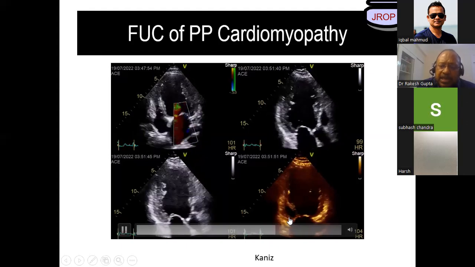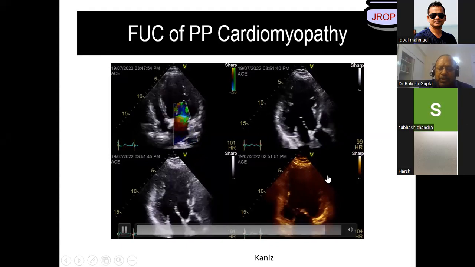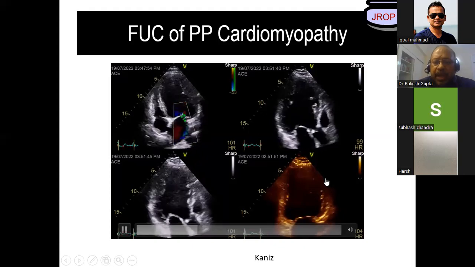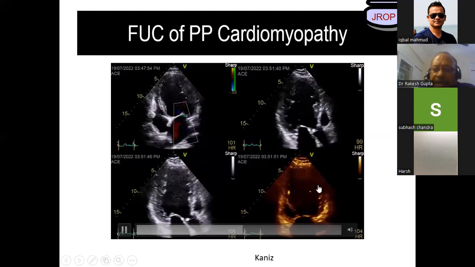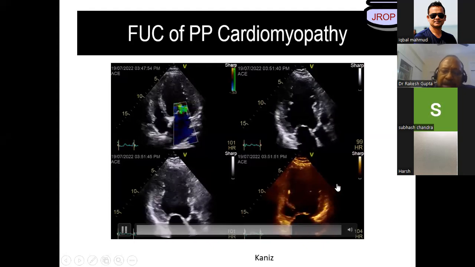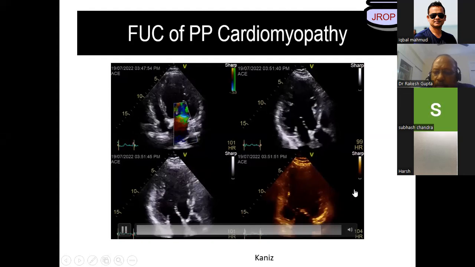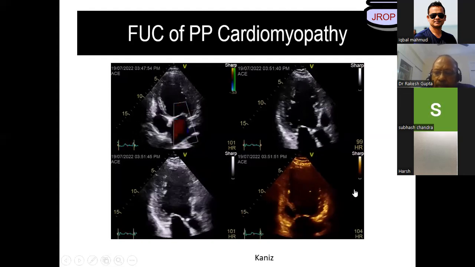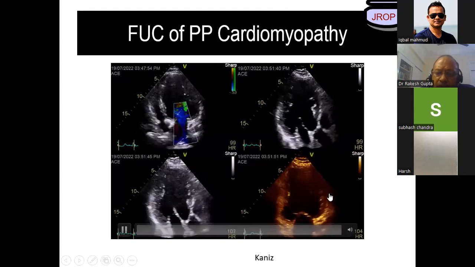This happens in type 3 LAD, when the LAD wraps around the complete LV apex. It's a proximal LAD lesion, not a proximal mid LAD lesion. Yeah, that's what I said, sir. Almost all the segments in the apical 4-chamber view are involved. They are hypokinetic.